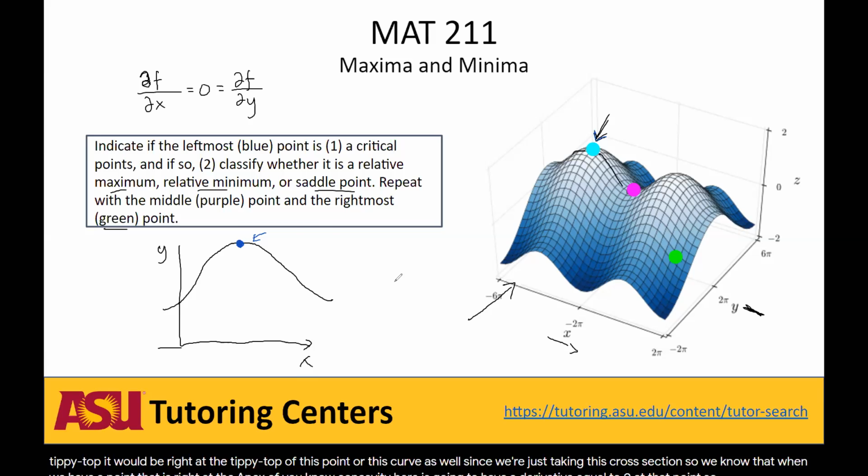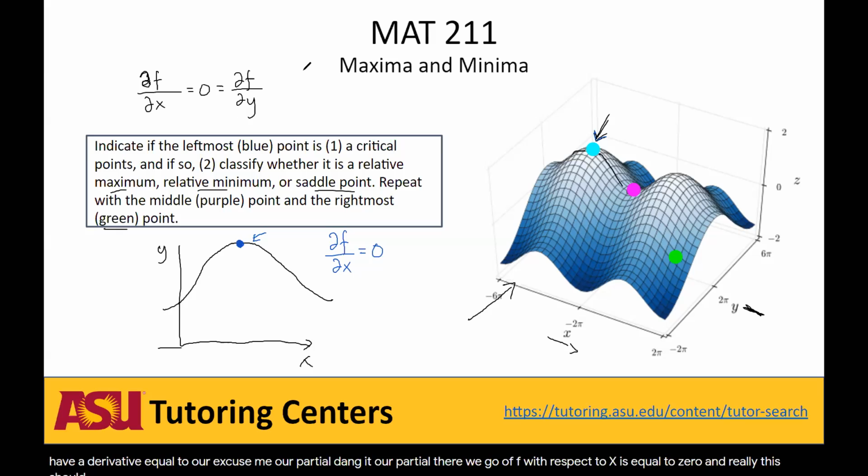So our partial of f with respect to x is equal to 0. We don't even want to draw our y here because that makes it confusing, so let's redraw this with just x varying along here.